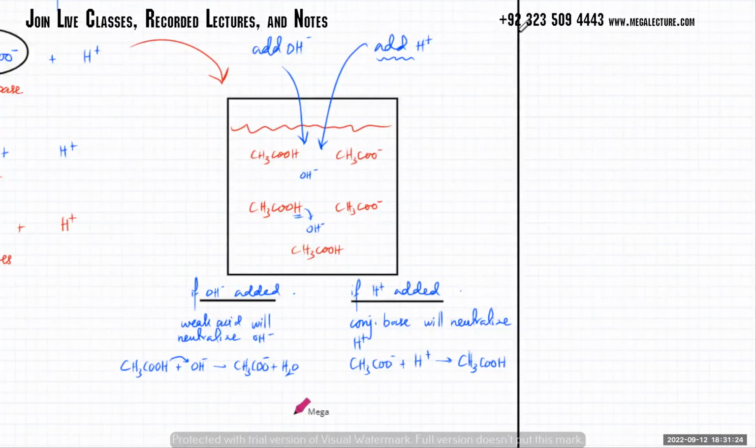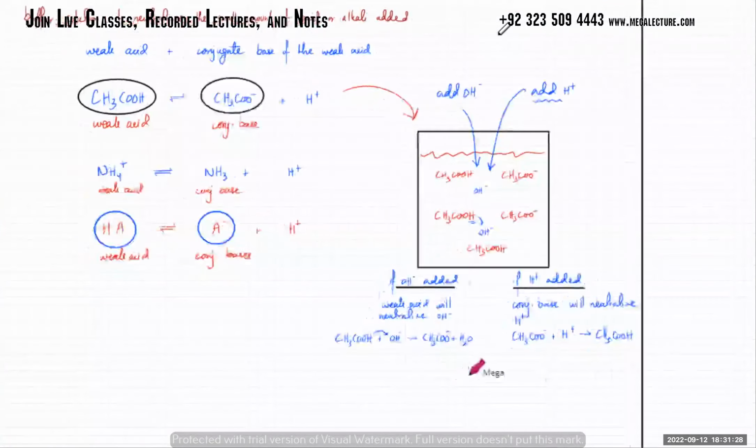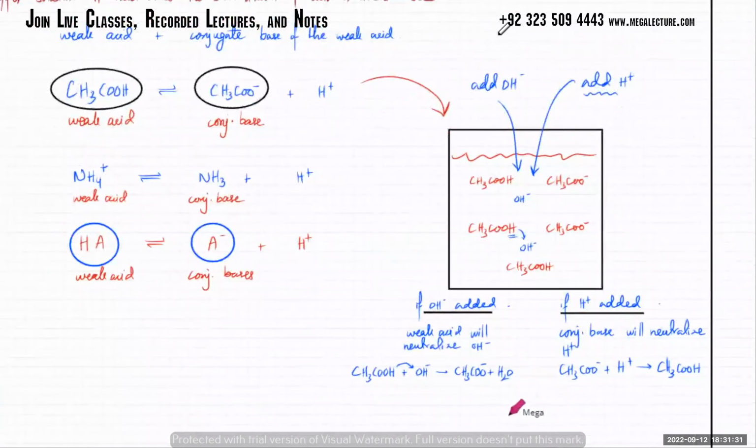So now you can also link it up with equilibrium, that it's basic equilibrium that's happening. If you add too much H plus 1 ions, the equilibrium will shift backwards, right? If you add H plus 1, it will react with the ethanoate ions and move backwards.